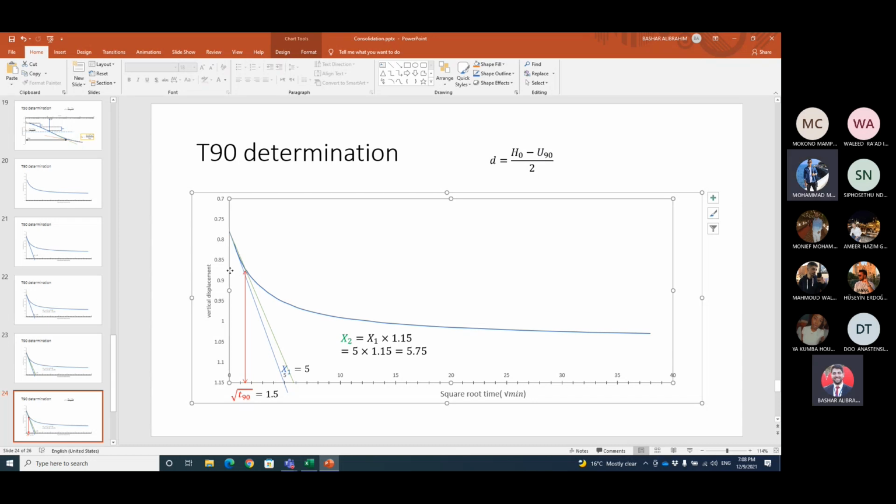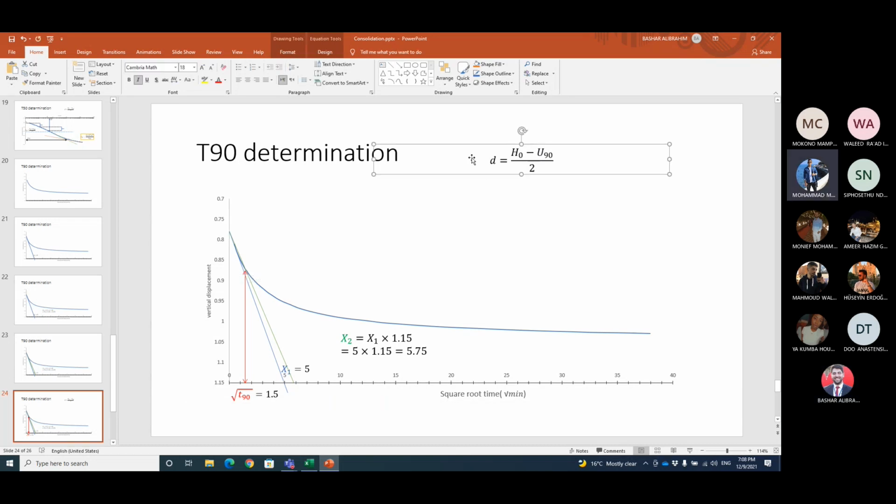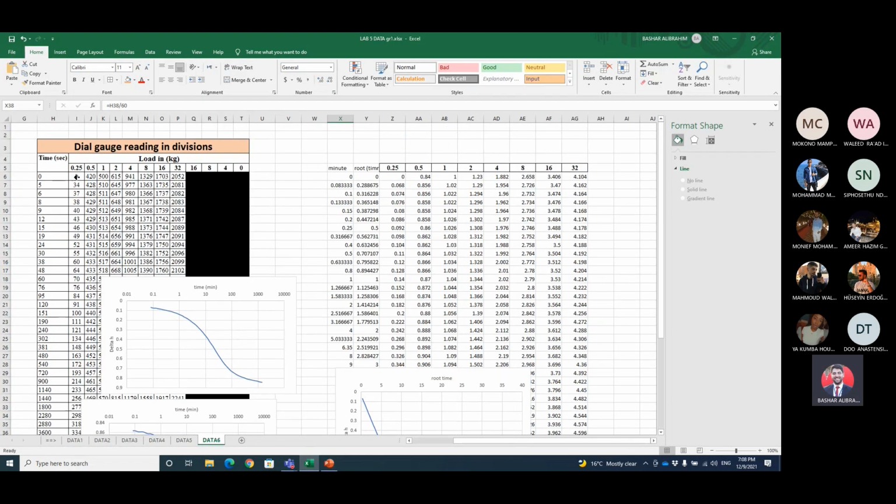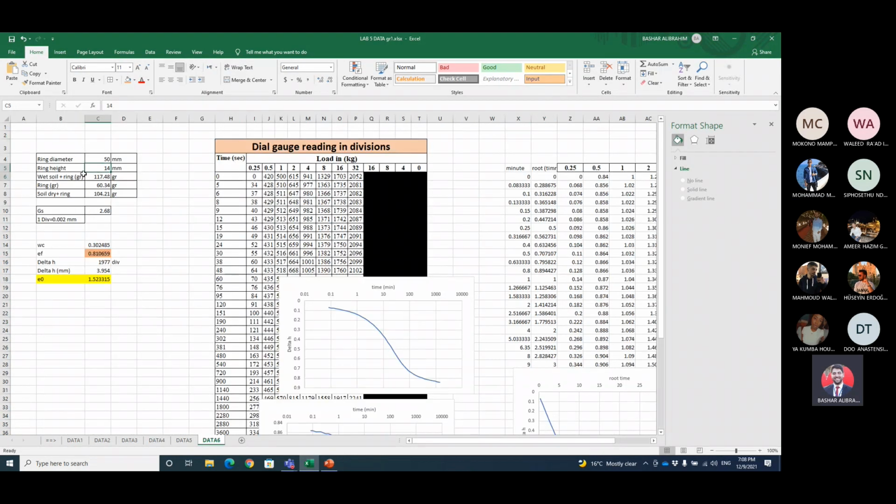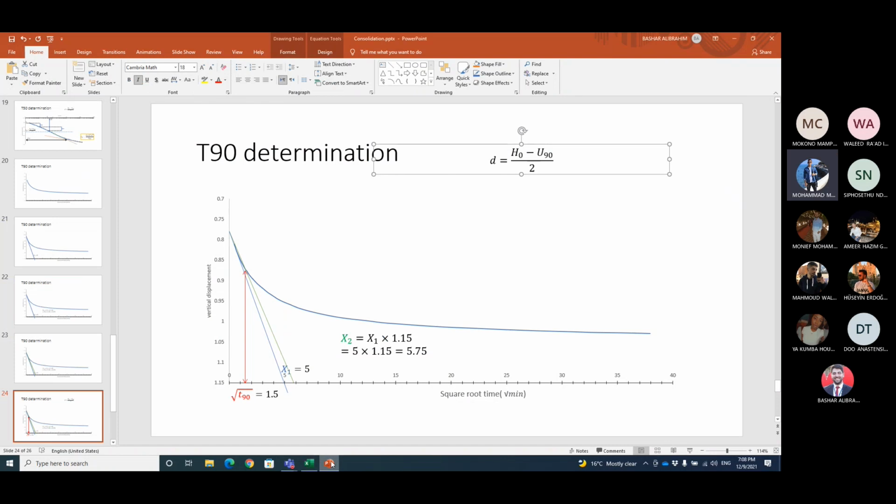So in this case it is 0. What is H0 on this? The height H0. What is it? H0 is the height of the sample. Here in this example, it is 14. Okay, it's given. Okay, so we remove the compression from the sample and we divide it.